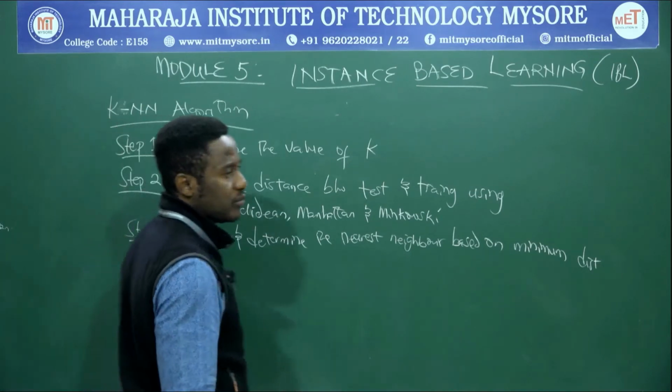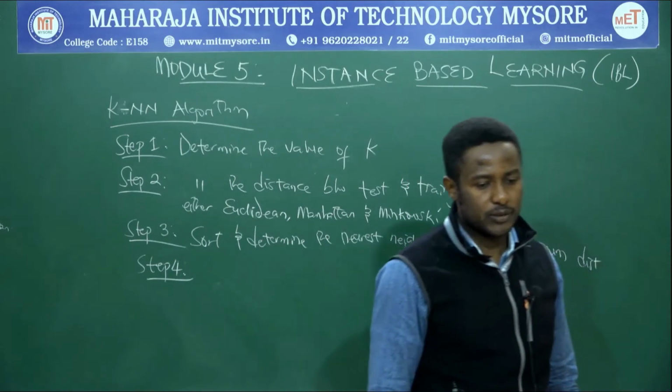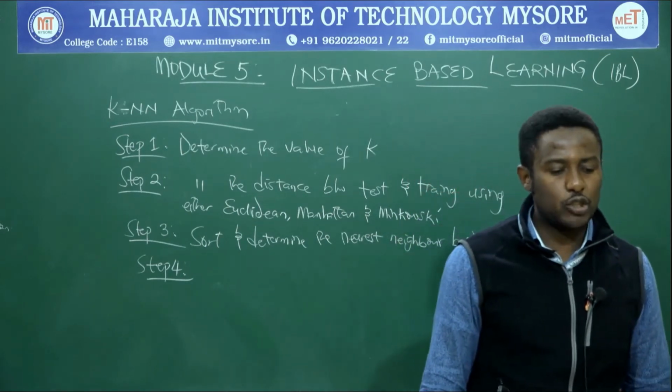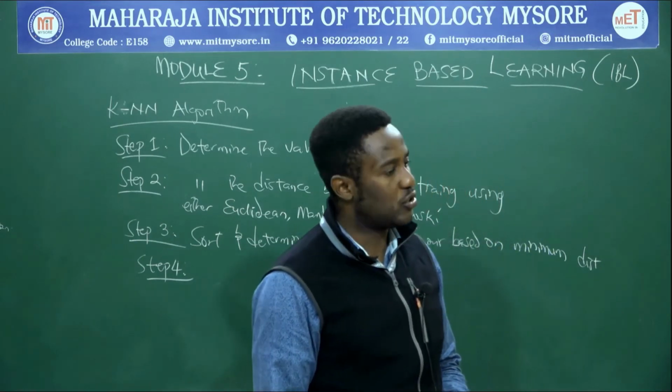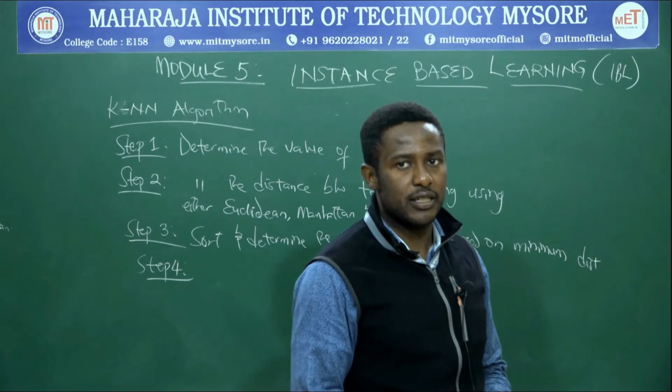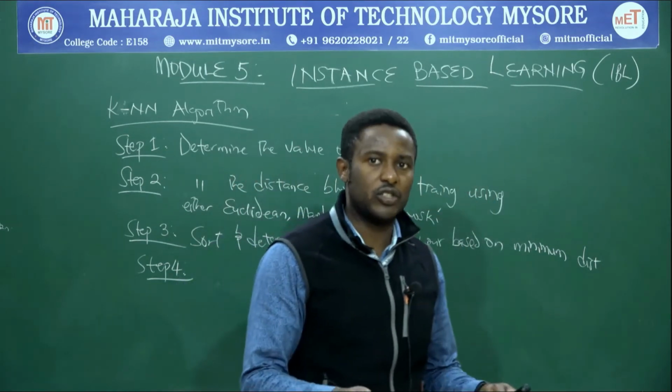Step 4. You've sorted it, right? So what do you do now? Now what you do, you assign that test data to the majority vote. See, now that you have calculated the nearest distance, you've sorted according to that. What do you do now?